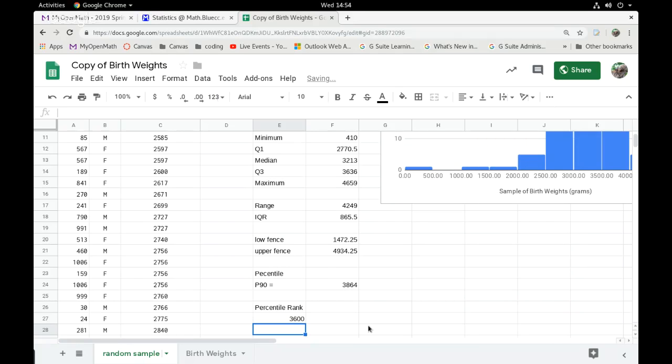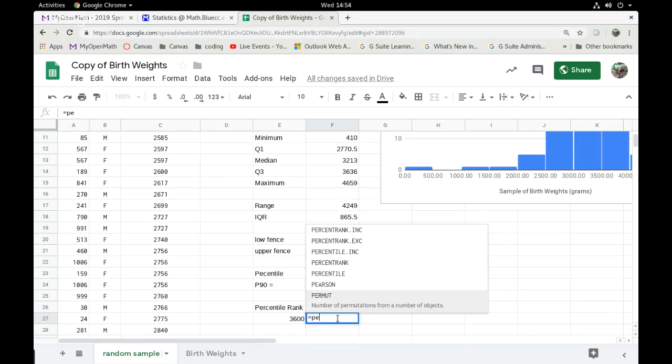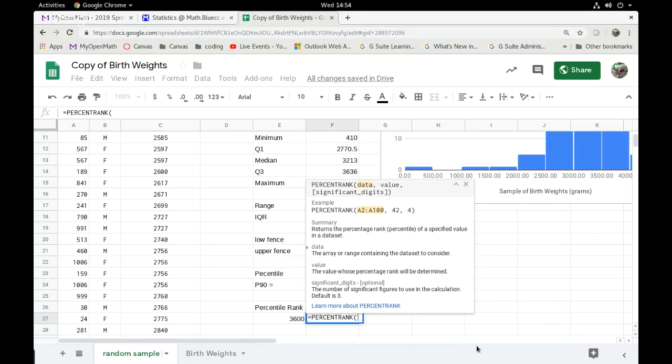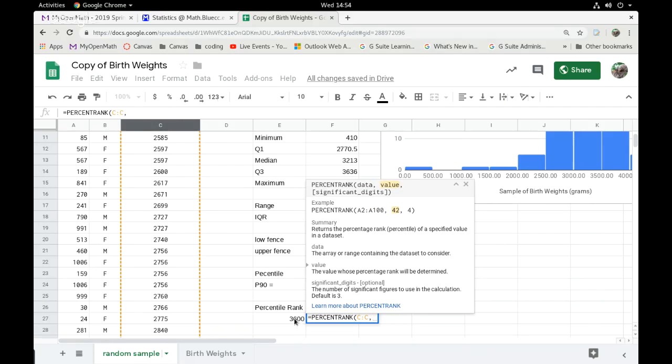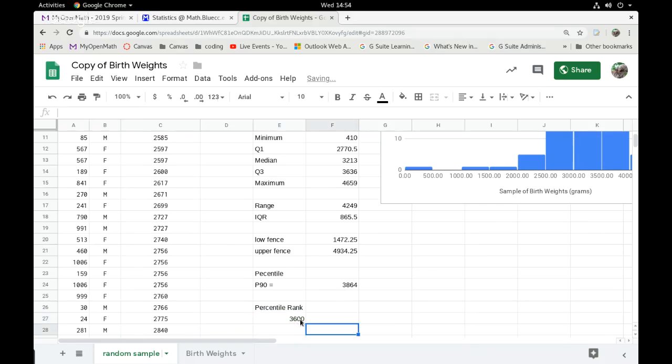What percentile would they be, do you think? Based on this data, I could estimate that for them by using the percentile rank command. Like before, I grab the data, and then I say, okay, here's the number I want to compare to the data. And this tells me they would be in the 72nd percentile.